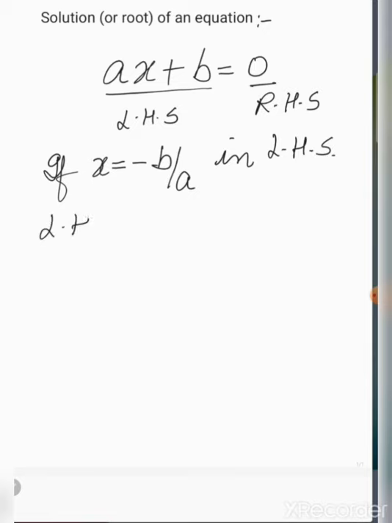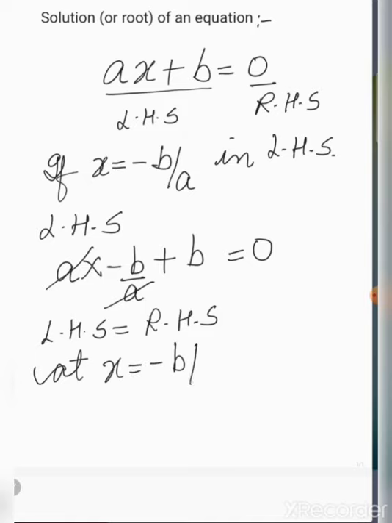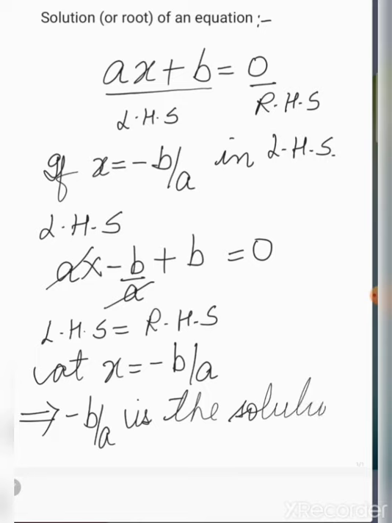Taking the left hand side, a into minus b upon a plus b, so you will get a 0. What does that mean? It means that left hand side is equal to right hand side at x equal to minus b upon a. This implies minus b upon a is the solution of the given equation.